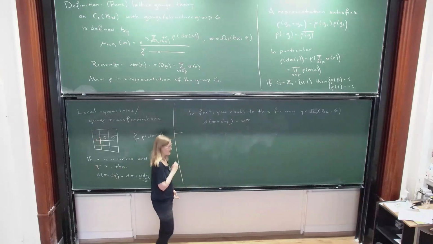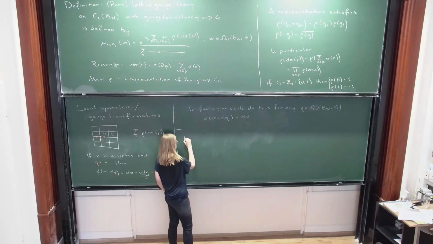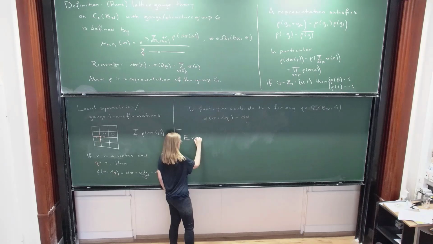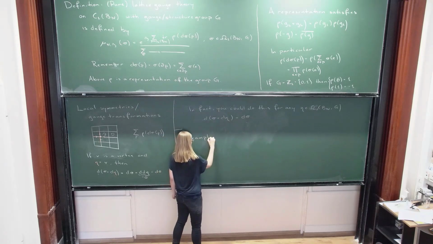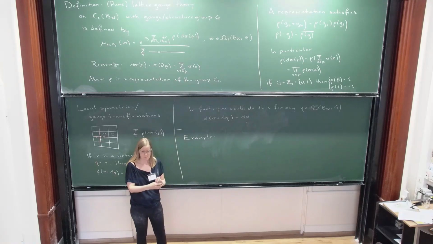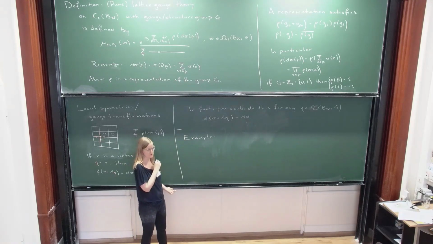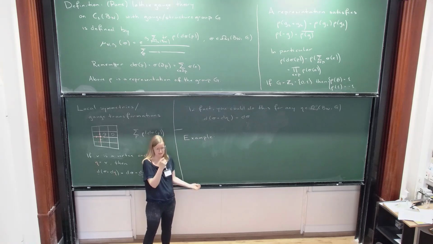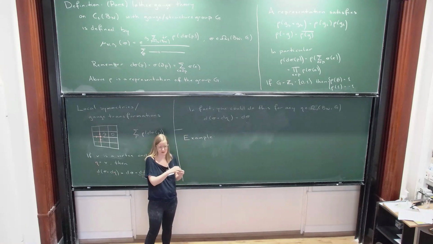So the first example we will do is just to try to calculate the expected value of something. Because the most natural thing to think of, and as Ellen kind of said, we define a model on edges.